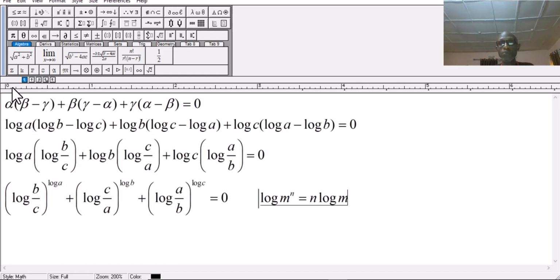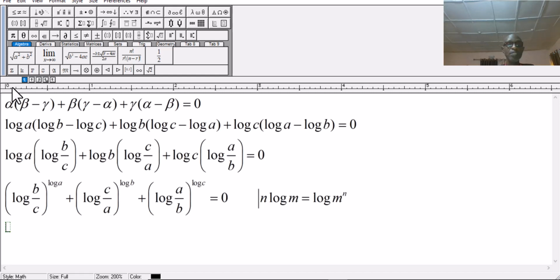That is the concept we have just used in this particular question. So don't forget that is the concept we used in this step that was carried out.